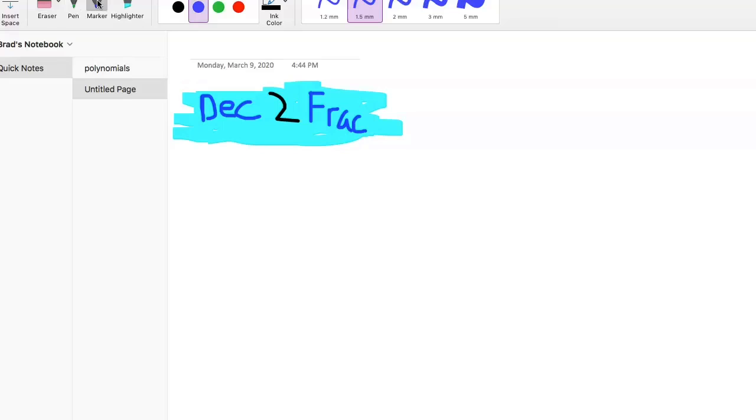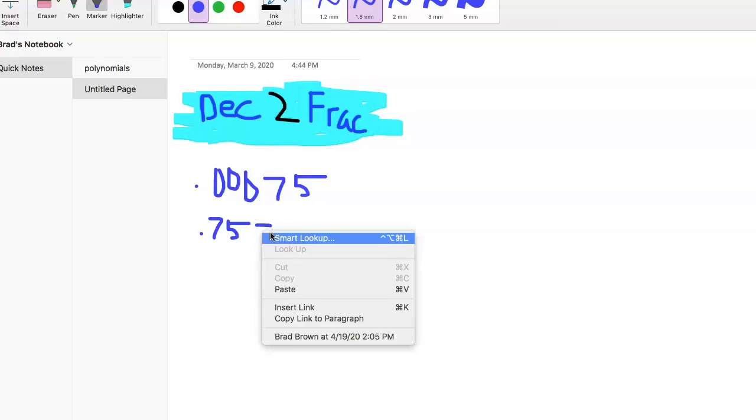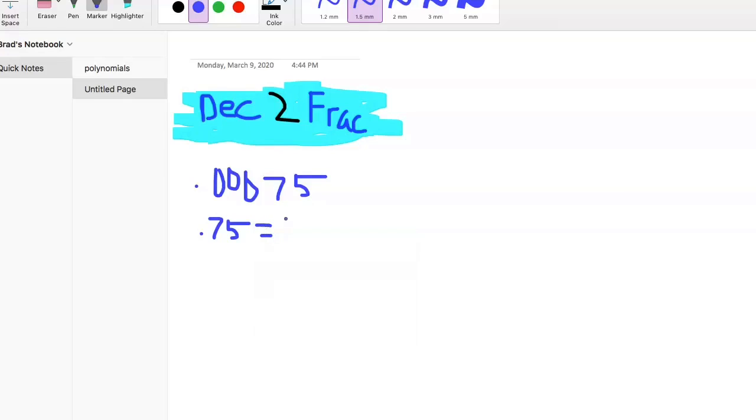Okay, here we go. This one looks like fun. 0.00075. Again, we don't want to look at it and just freak out and be like, I don't know, man, I hate math. Start off with 0.75. 0.75 equals 3/4.